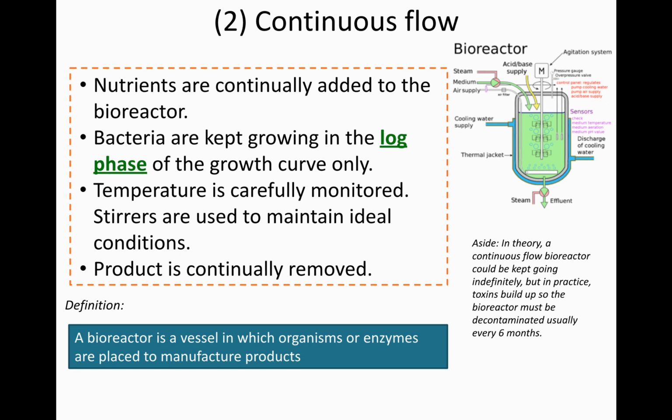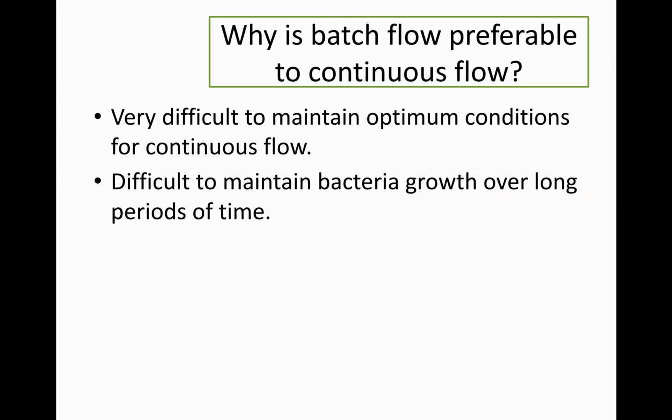Okay, so in theory, the continuous flow could be maintained forever, but it's very difficult to maintain the continuous flow process for, we'll say, the chemical industry. So why is batch flow generally preferable? Because of this, because it's very difficult to maintain the optimum conditions.